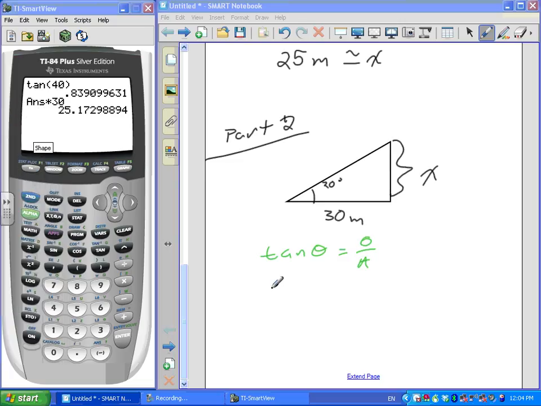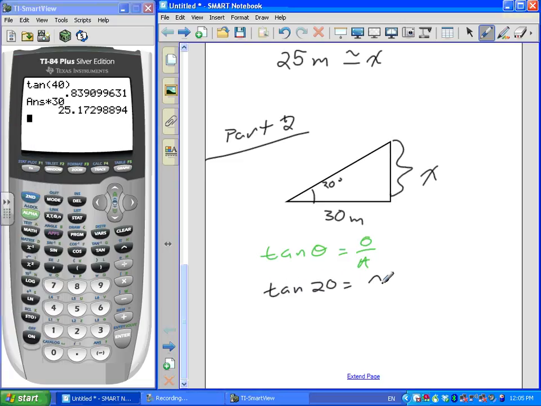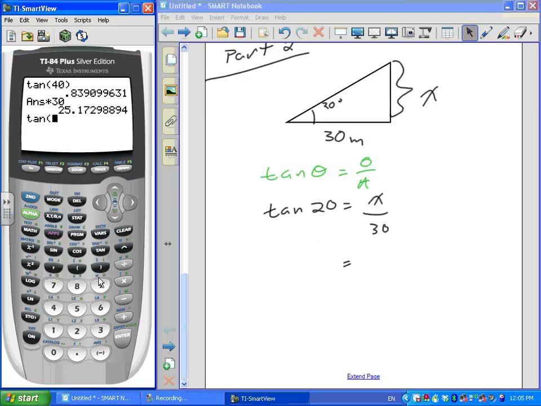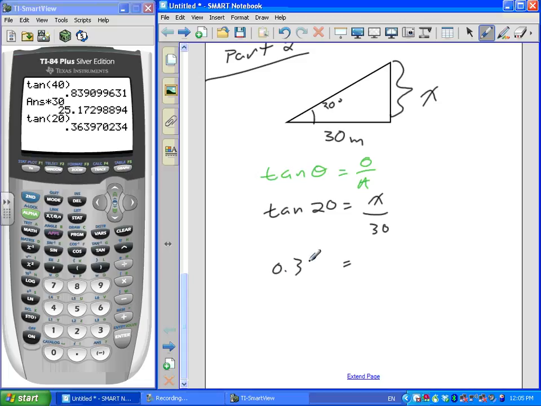So again, tan 20 degrees. We're solving for our opposite, which is x, and our adjacent is 30. The exact same way we solve the other one. Tan 20 is 0.364, we'll say, x over 30. When I bring 30 to the other side, it becomes 0.364 times 30 equals x.